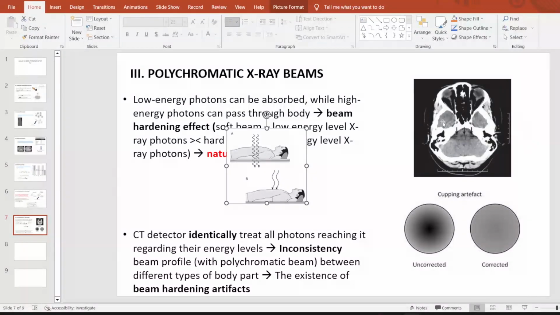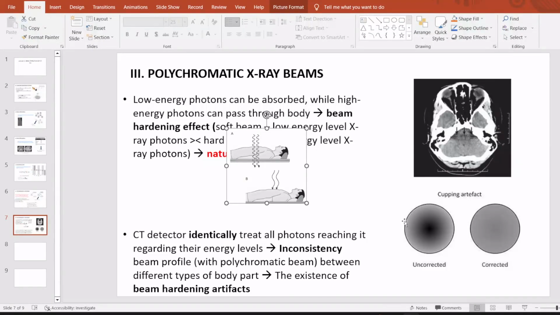It represents as dark bands on the images. You see the image of the skull, and this portion right here is the densest part of the skull. So, dark bands.